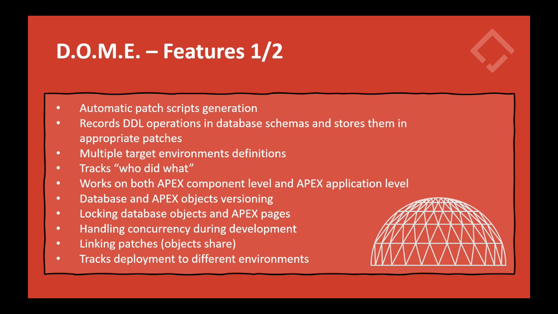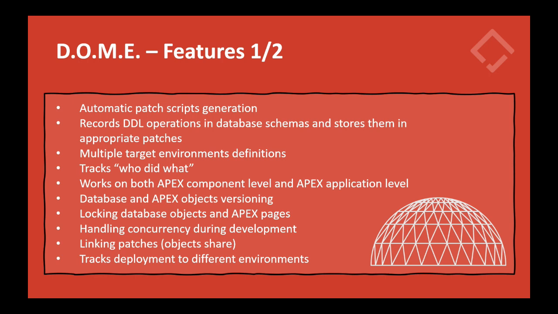Another nice feature is database objects locking. For example, one developer can lock a certain database package so that he can develop it, he can change the program logic, he can compile it. If another developer tries to do the same, he will get an error that the package is already locked, so that he cannot compile it.